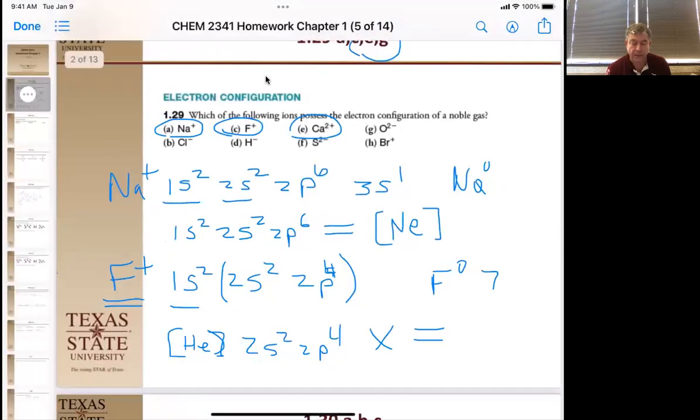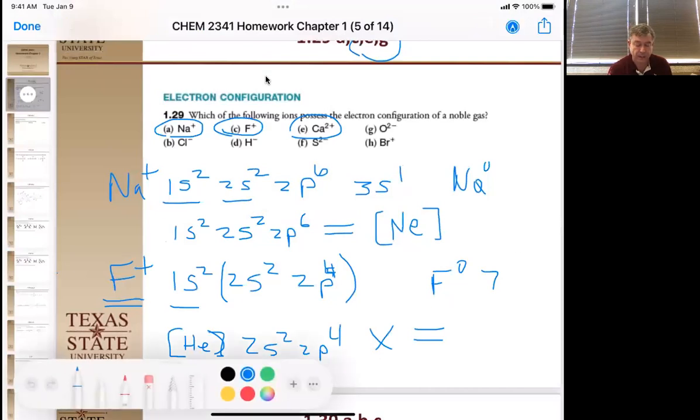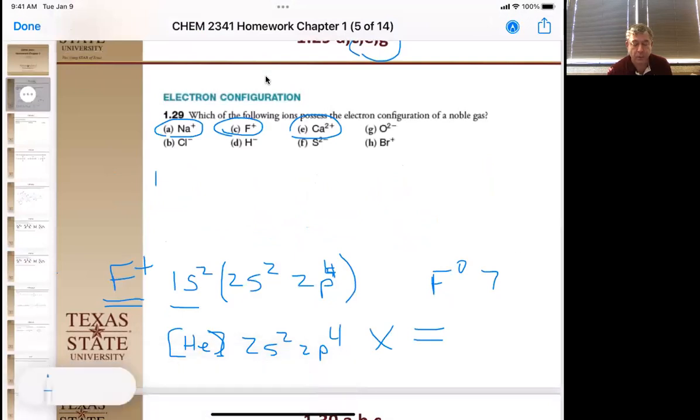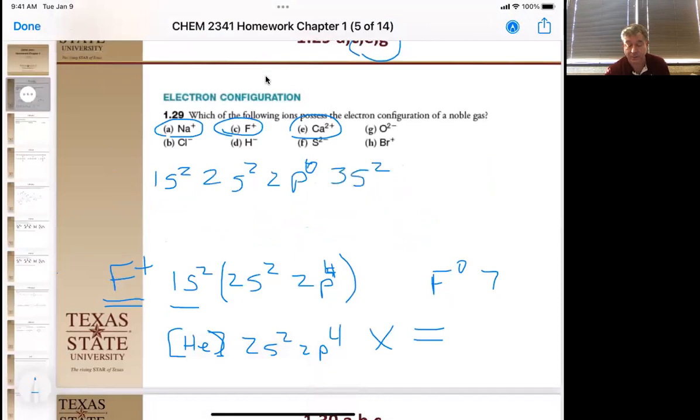I'm going to draw them all out so you can see where they come from. There's a 1s2, completely full. The 2s2 and the 2p6 have 8 electrons together, which makes it completely full. The 3s2 and the 3p6, the number above being the number of electrons in there, are completely full.